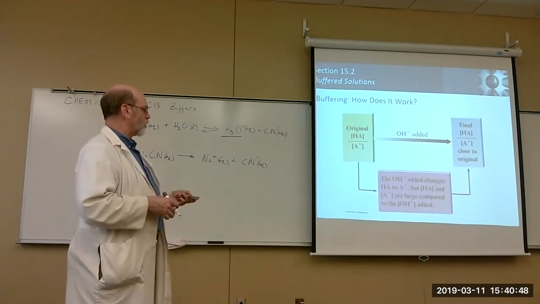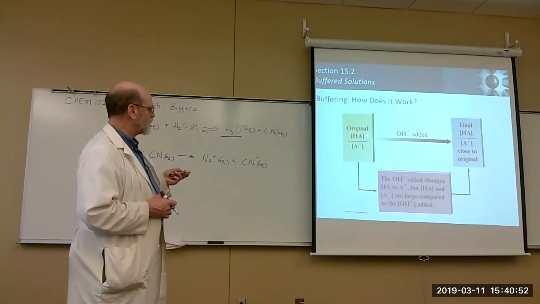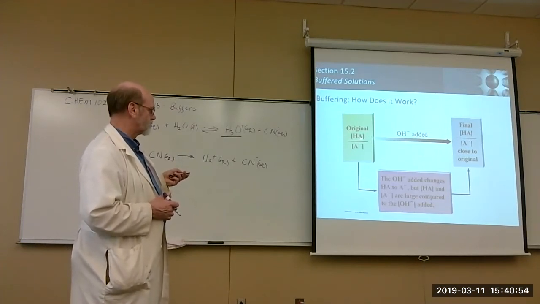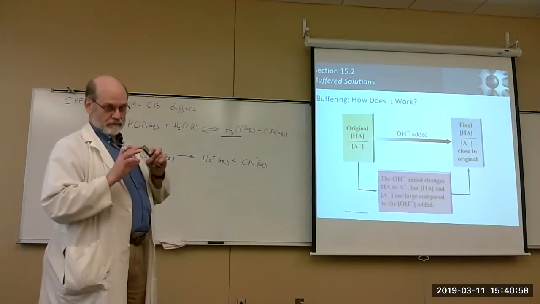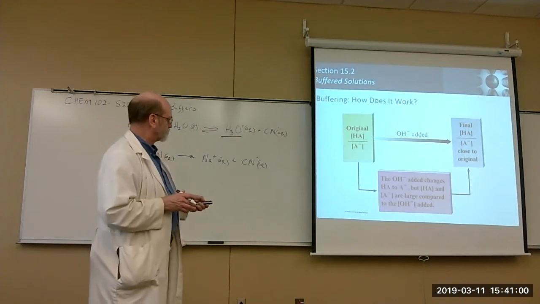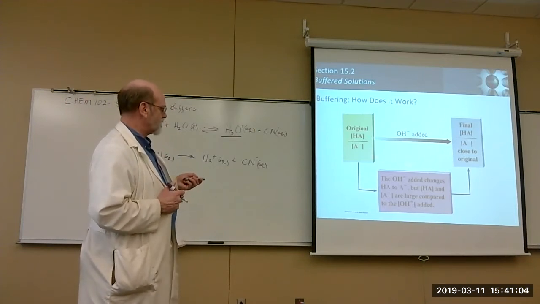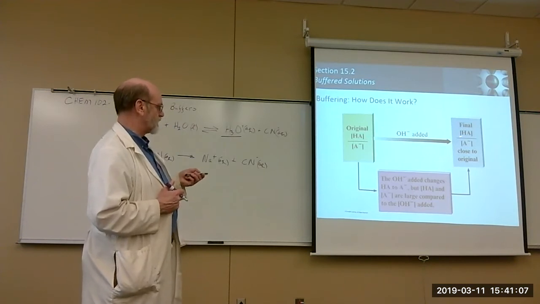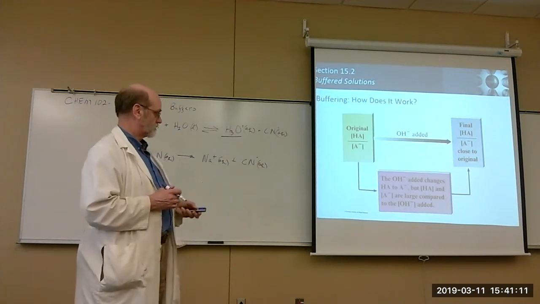So we start off with a ratio of unionized acid to the conjugate base. And the ratio after the addition is going to be very close to the original.